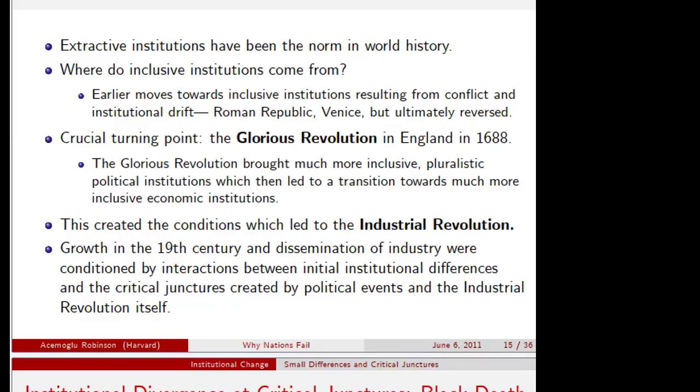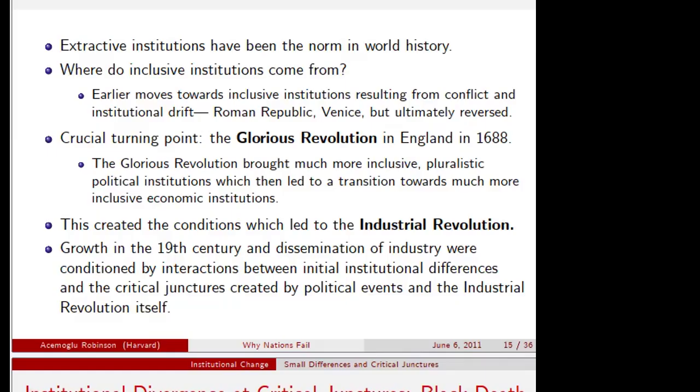So property rights became genuinely secure. Entrepreneurs could invest knowing that the king couldn't just take their wealth arbitrarily, and the political opening led directly to the economic opening. Patent laws were strengthened. Inventors could profit from their inventions. The Bank of England was founded. Credit became available to a broader range of people.